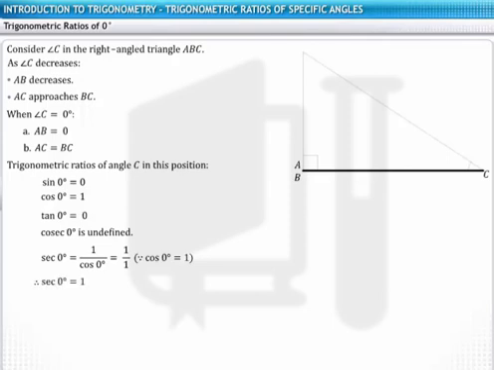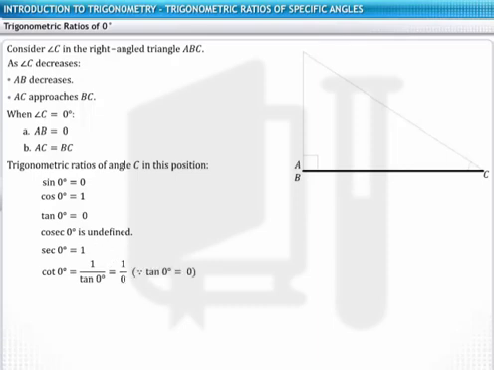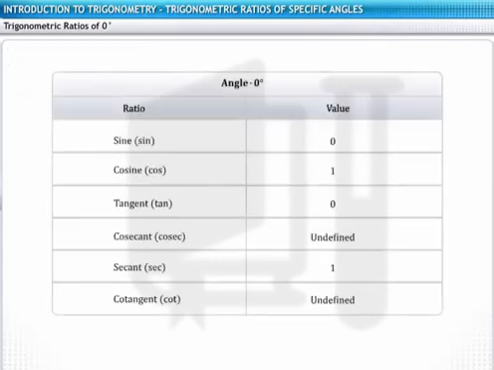Thus, sec 0 is equal to 1. Cot 0 is equal to reciprocal of tan 0. Therefore, cot 0 is undefined. Let us quickly recap the trigonometric ratios of an angle that measures 0 degrees.